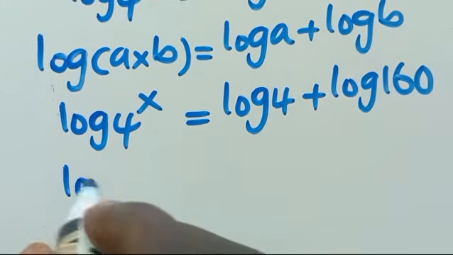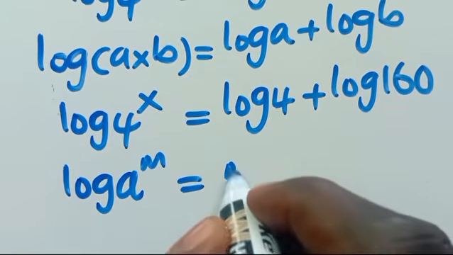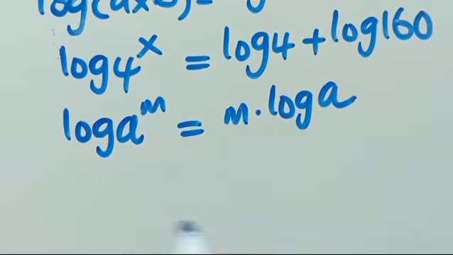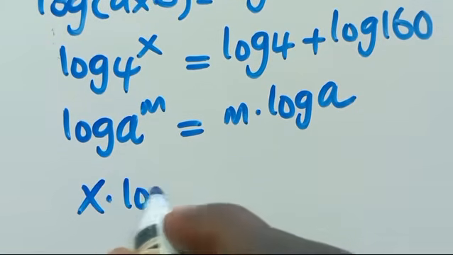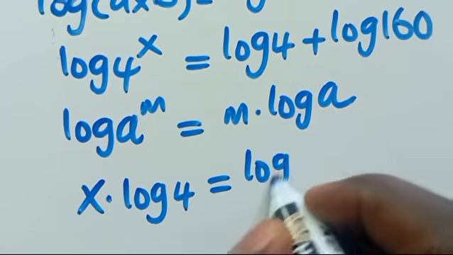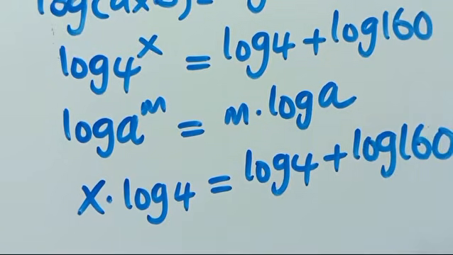So log a to the power of m equals m times log a. So we have x times log 4 equals log 4 plus log 160.